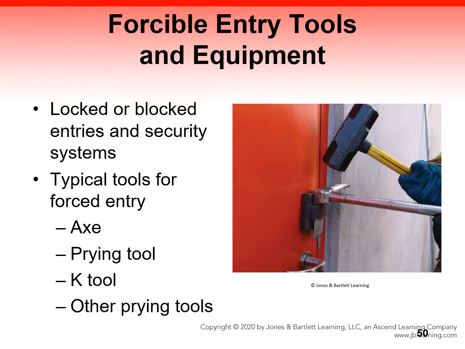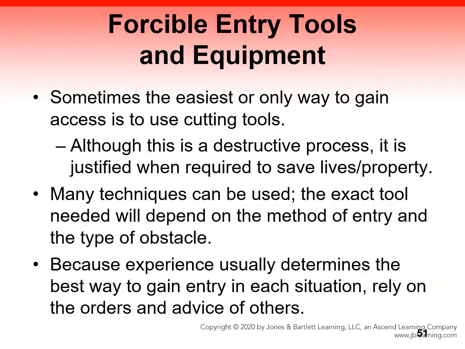Various striking tools can be used for forcible entry when brute force is needed to break into a building. These include flathead axes, hammers, sledgehammers, and battering rams. Sometimes the easiest or only way to gain access is to use cutting tools. An axe can be used to cut out a door panel. A power saw can be used to cut through a wood wall.